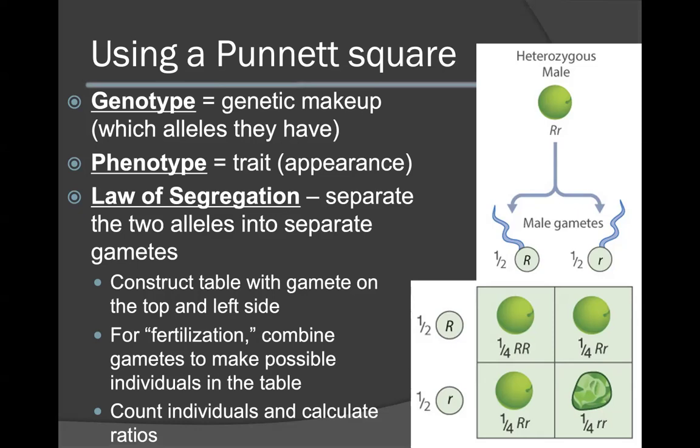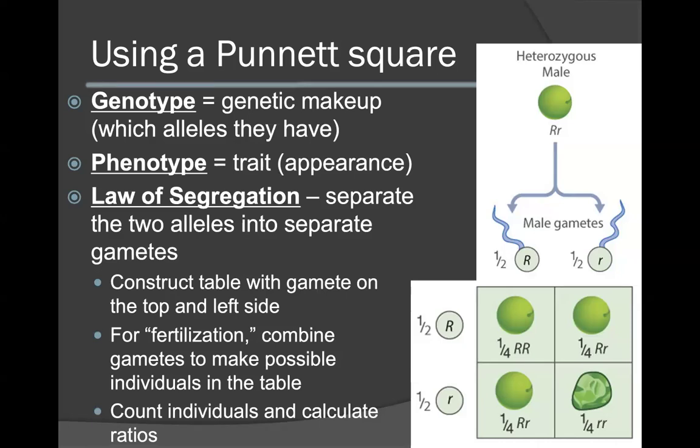If we had a little r from the male fused with a big R from the female, we would have a heterozygous individual. The individual in the bottom left of the Punnett square results from a big R from the male and a small r from the female. And finally, if we have a small r from the male joining with a small r from the female, we would have our recessive individual.